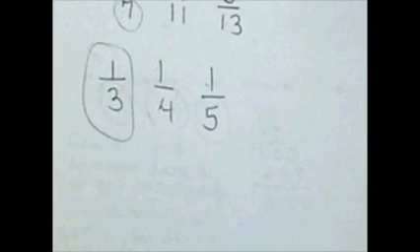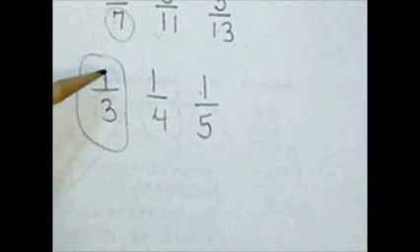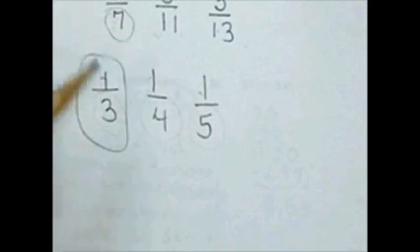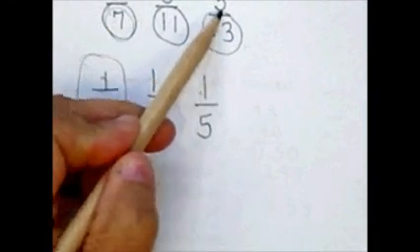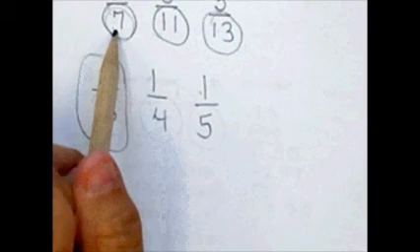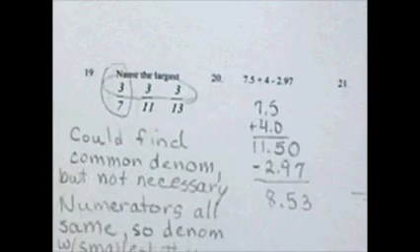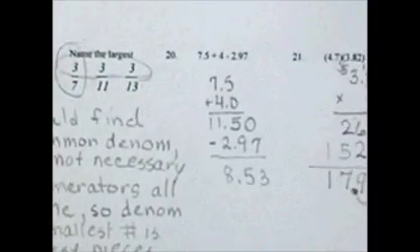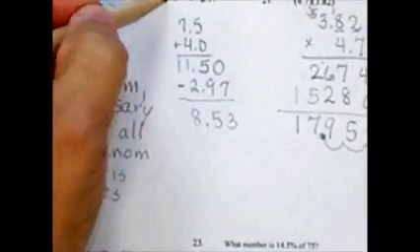They can be 2s, they can be 3s, they can be 4s, but think about what the pieces mean. You always want the smallest number to have the largest size piece.